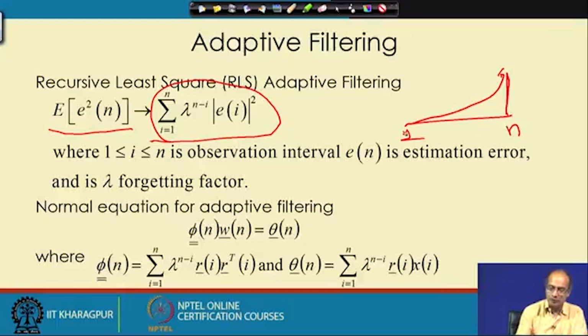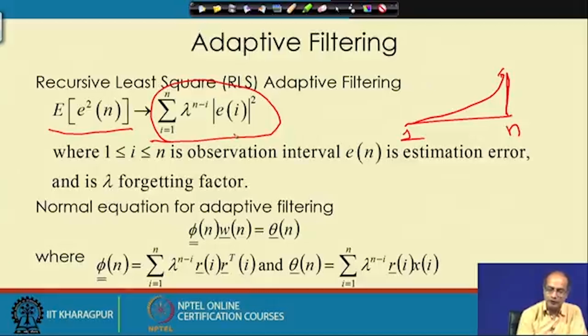Now, why are we taking it in this way? Because we are giving more importance to the recent value of En, it will help us adapt to the change in the situation.